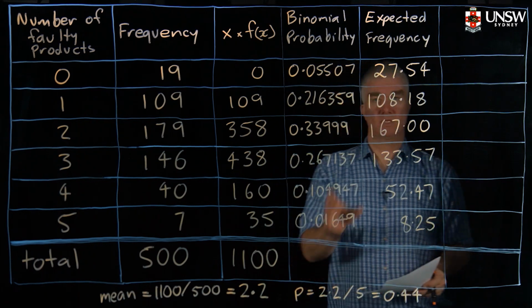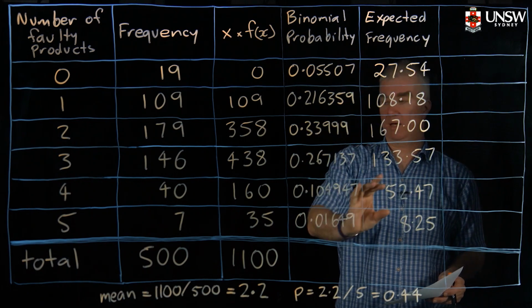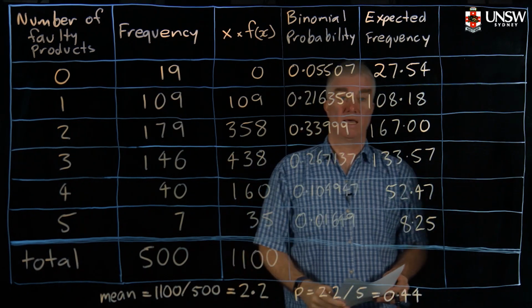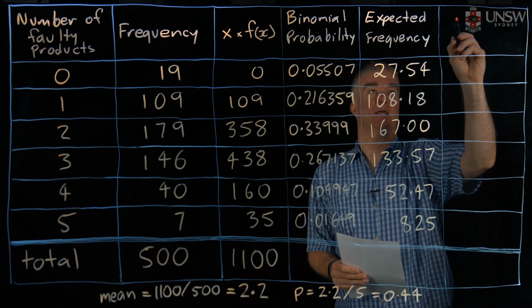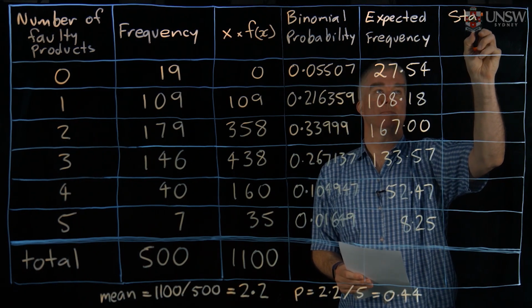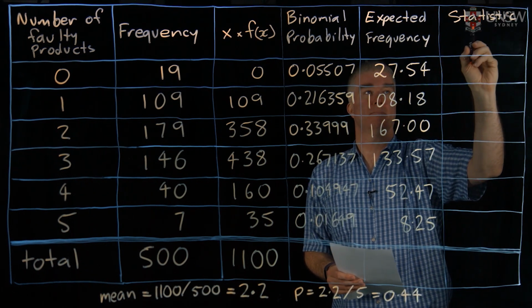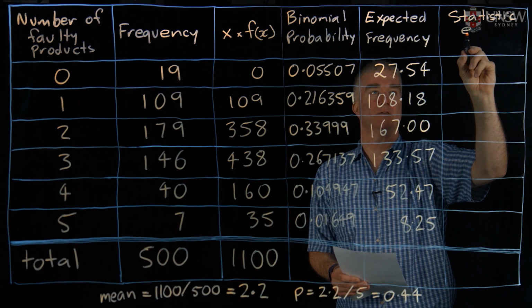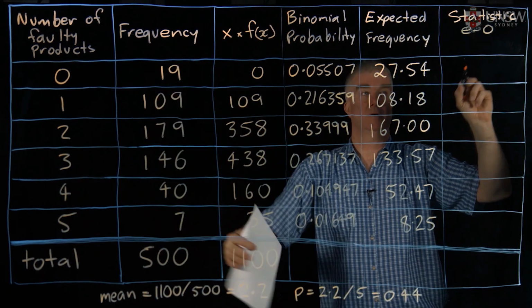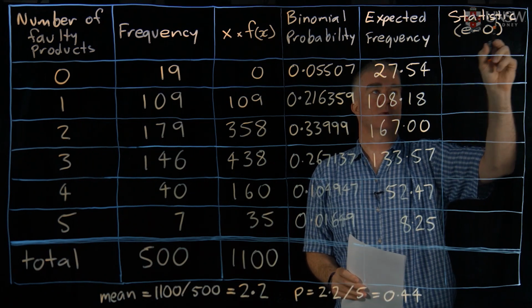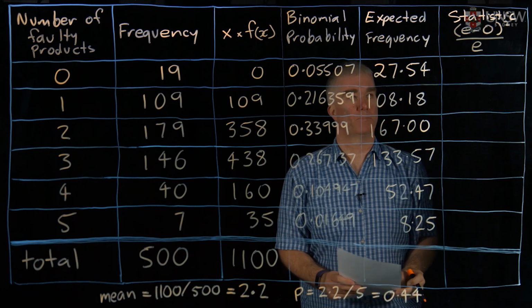Okay, so we notice these, just like these, start off small, get bigger, and then get smaller again. Is that enough? Well, to answer this, we calculate our statistic, which is basically our expected value minus our observed value, squared, divided by our expected value.